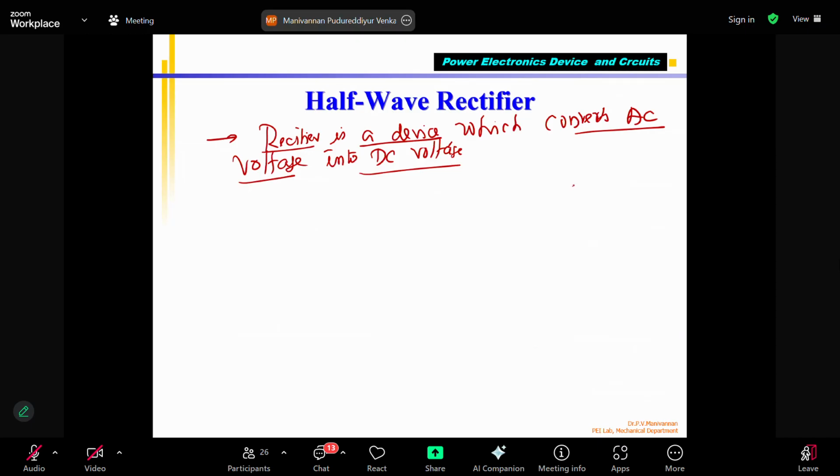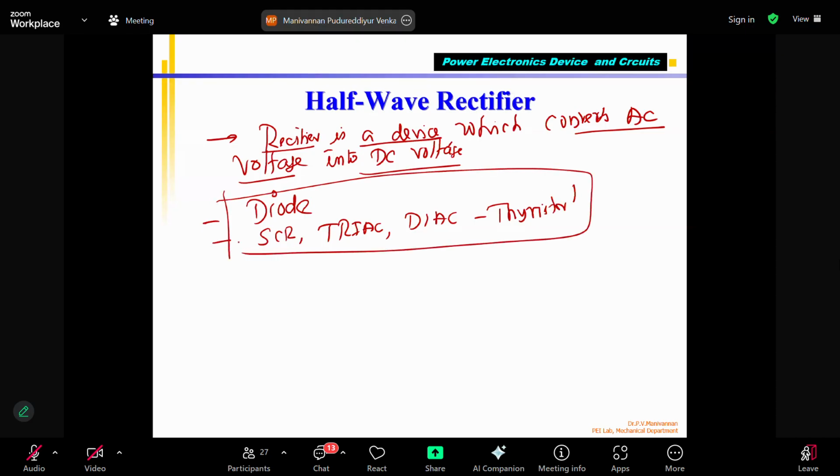Very popular is the diode, whose main purpose is that it can be used as a rectifier to convert AC voltage to DC voltage. Other devices which can be used are SCR and TRIAC, including DIAC also. SCR, TRIAC, DIAC are called thyristors. These devices can also be used as rectifiers.